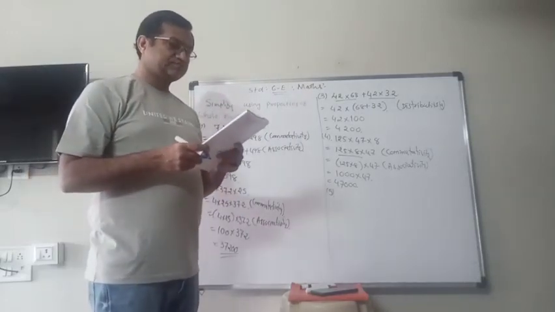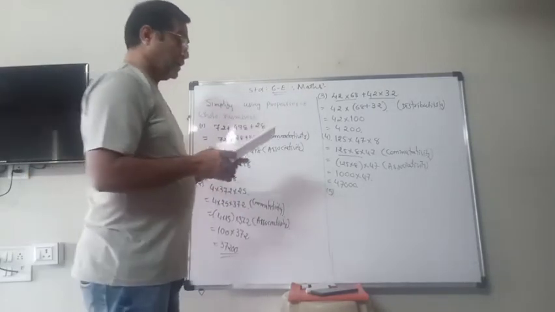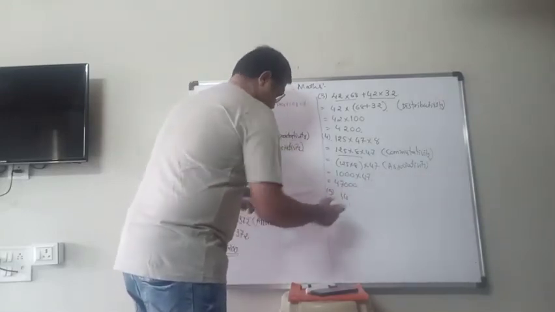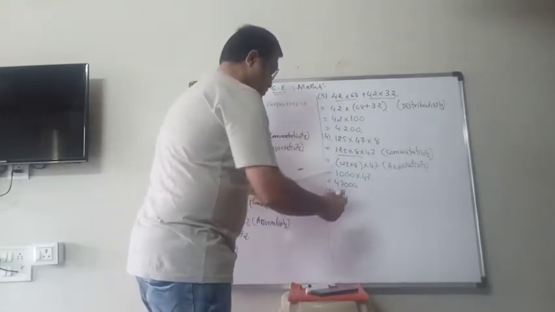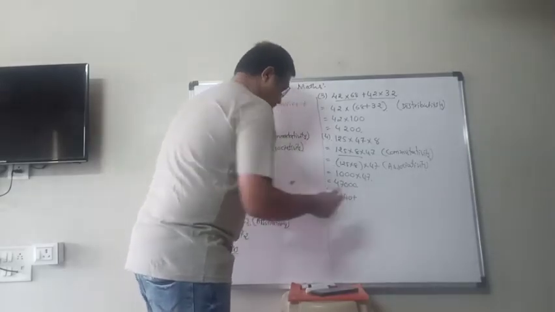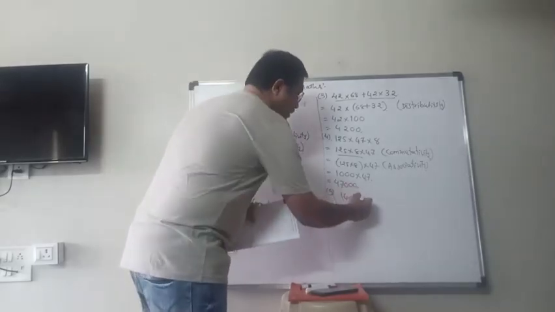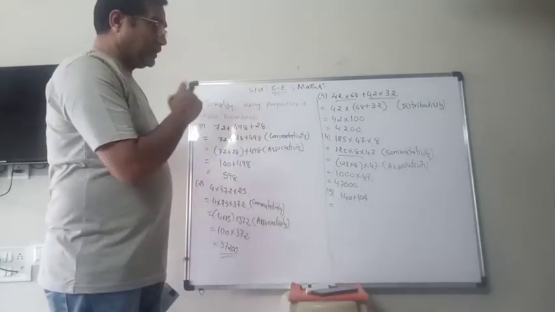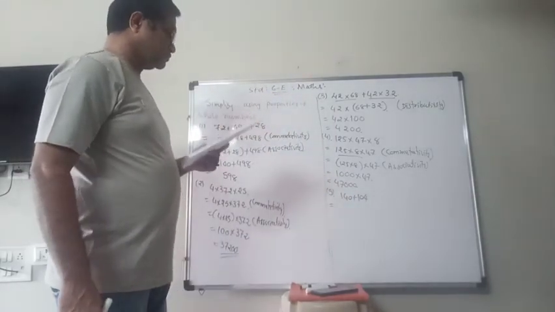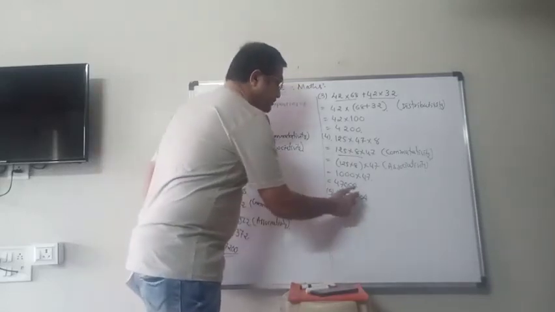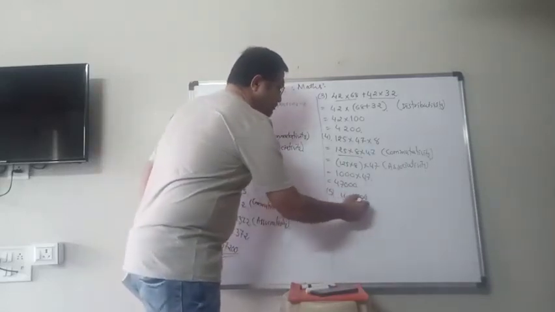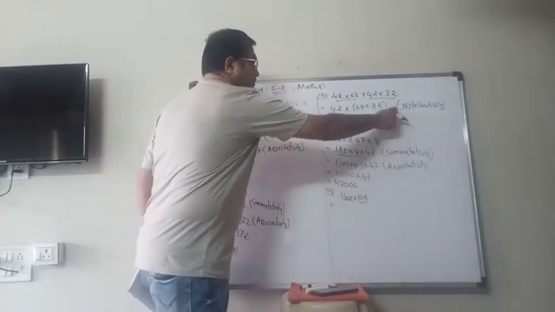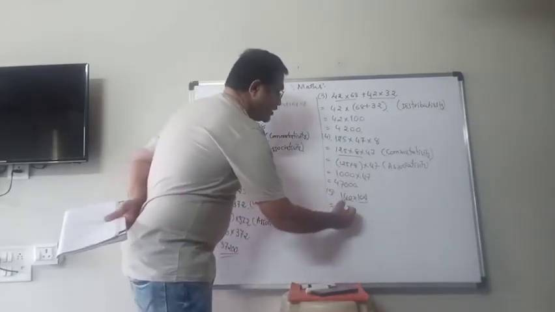Fifth one. 140 multiplied by 104. Now here, sorry, not plus, multiplication. So here we will use this same property, but the other way.